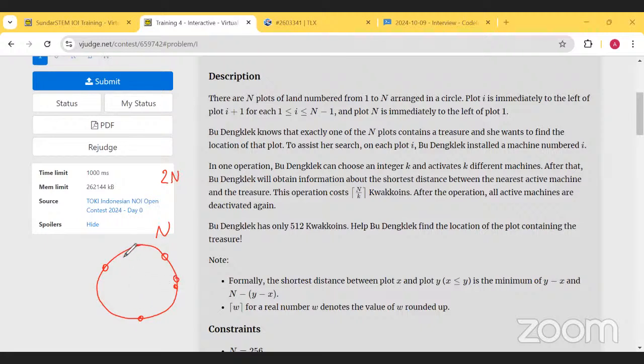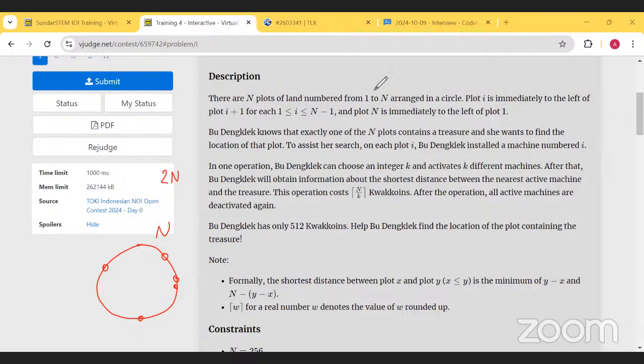Let's say if the tracer is here, then we get the response, the distance between this location and the tracer. But if the tracer is here, then we get the response that is the distance between this location and the tracer.